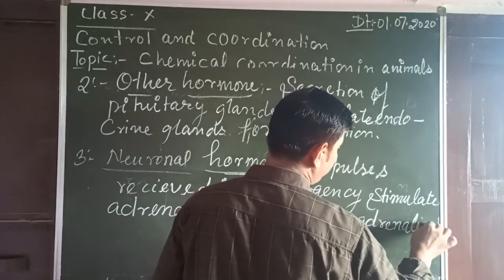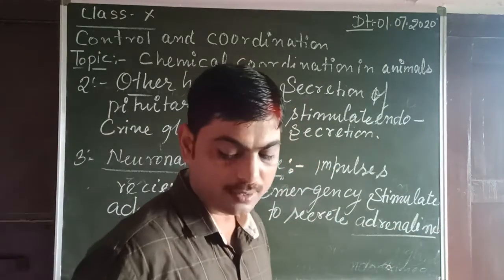Adrenal is the name of the gland. Adrenaline is the name of the hormone secreted by the adrenal glands.